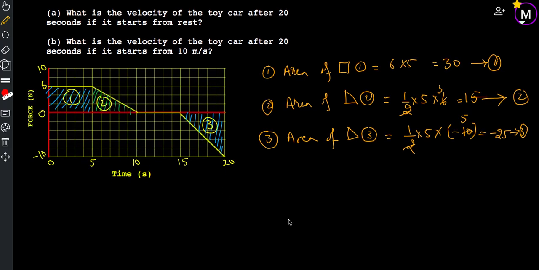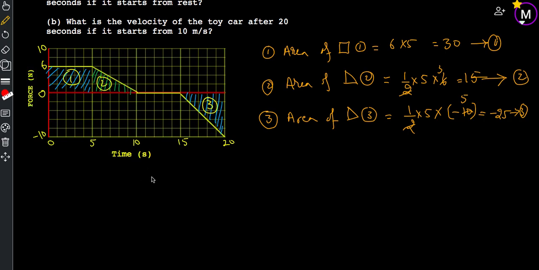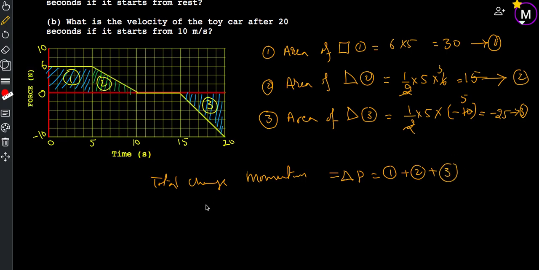So the total change in momentum, delta P, equals the area of all these three, that is 1 plus 2 plus 3. Why are we taking delta P equal to this?